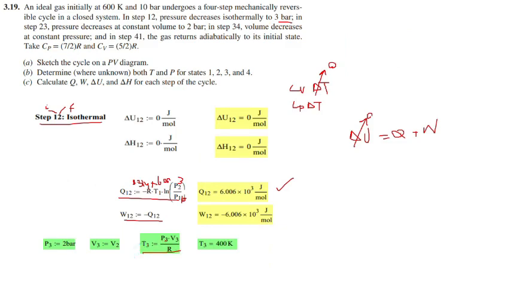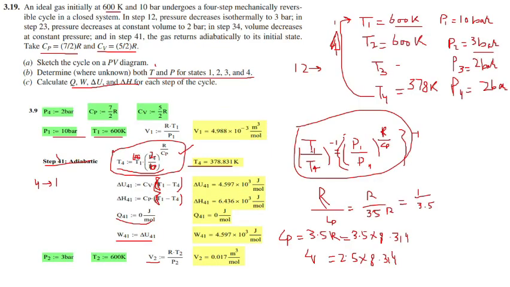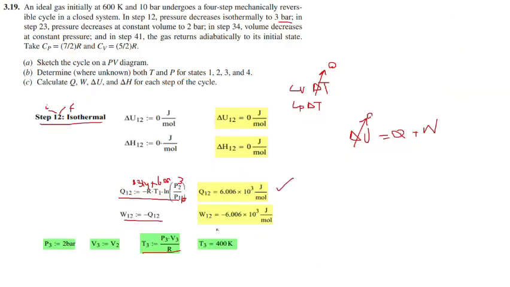T3 is equal to P3 V3 over R. So what is the value of P3? P3 is 2 bar, while V3, you don't know about V3.